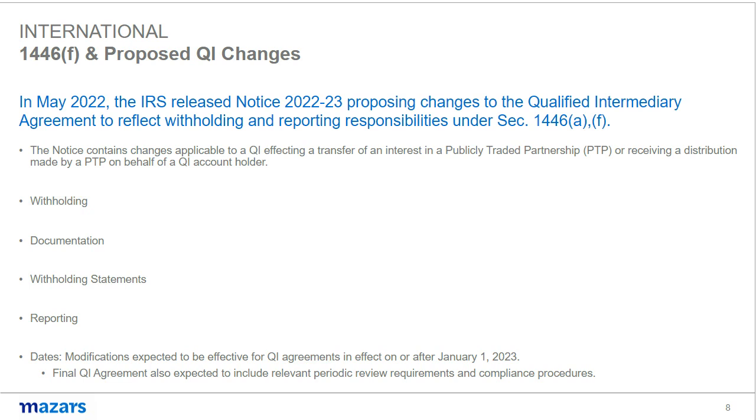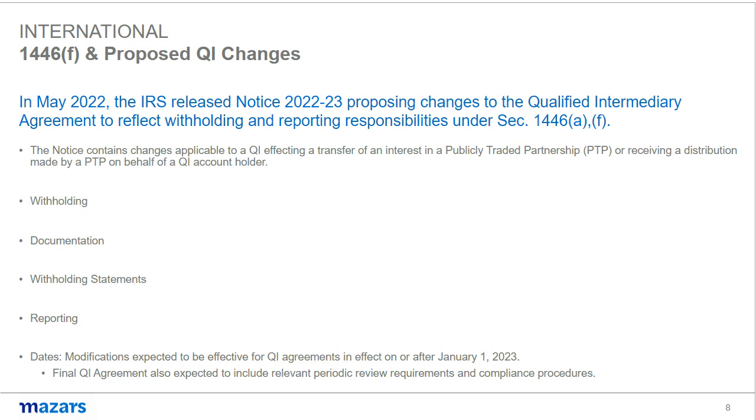Under Section 1446A, you've got a withholding tax that applies on a partnership's effectively connected income that's applicable to a partnership's foreign partners. These changes allow for a QI to assume primary withholding responsibility on distributions from a publicly traded partnership.